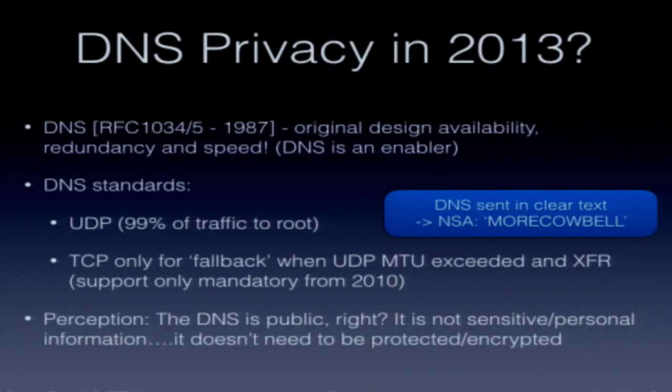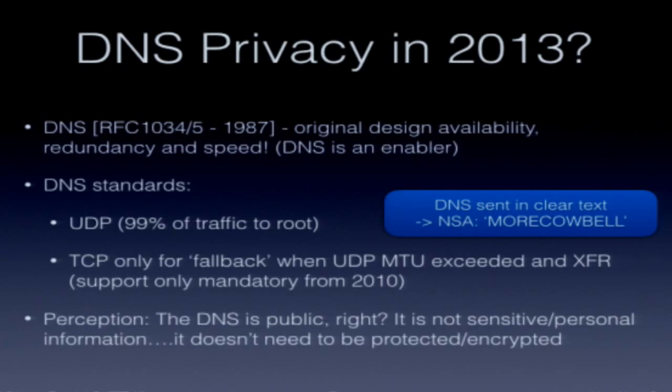There was a lot of bad hair, a lot of good music, and the DNS was being standardized at that time. To put it in context, at that time it was a building block in the internet. The main goals behind the design of the infrastructure of the DNS were availability, redundancy, and also speed. Those are the things that were foremost in the minds of the people developing the protocol.